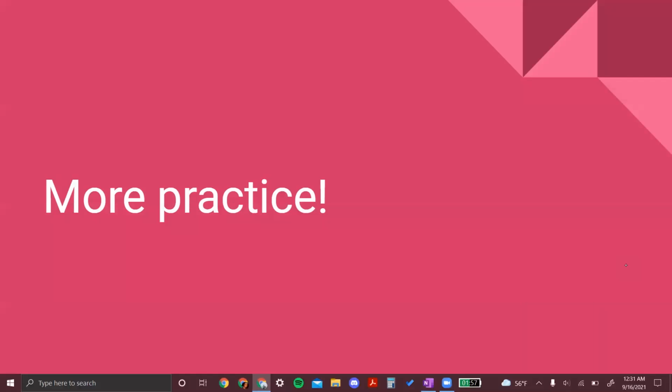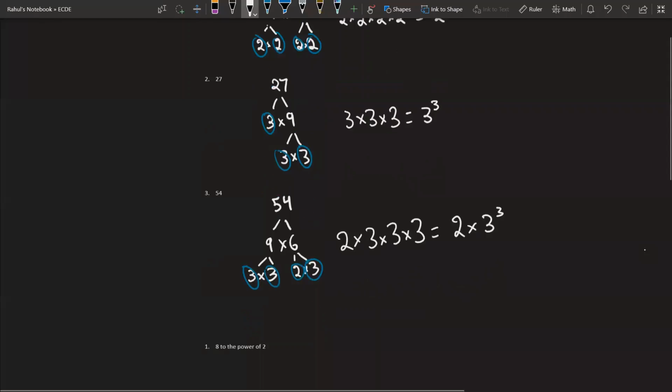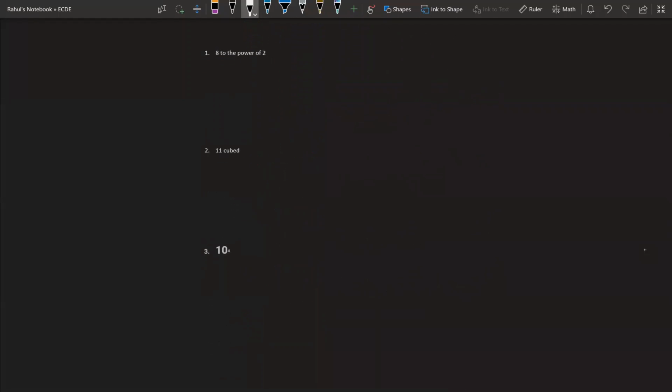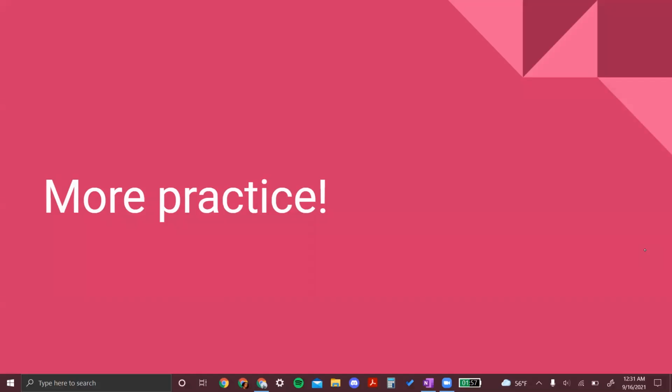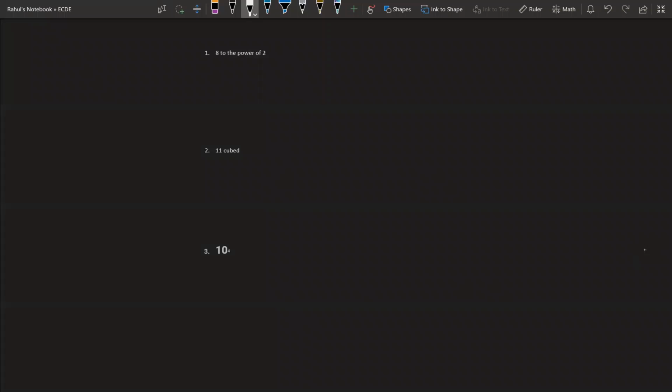More practice problems. 8 to the power of 2. So this is how we looked at in example 1. So what is our base? 8. So we write 8 first. To the power of 2. So 2 is our exponent.